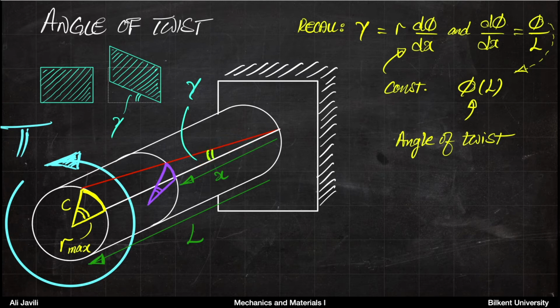And when you know that's constant, then that means d phi divided by dx is the same as phi divided by L, and phi being the angle of twist, or let's say phi at L at the end. Okay, so keep that in mind.